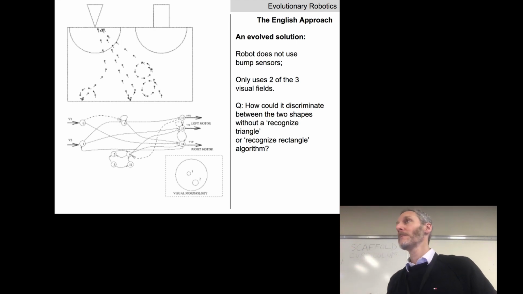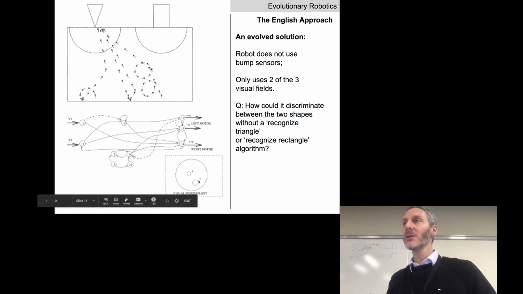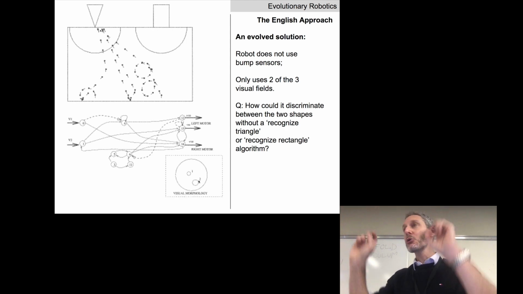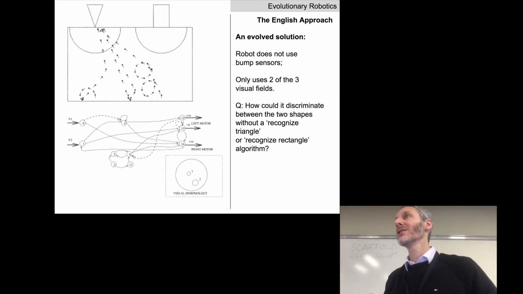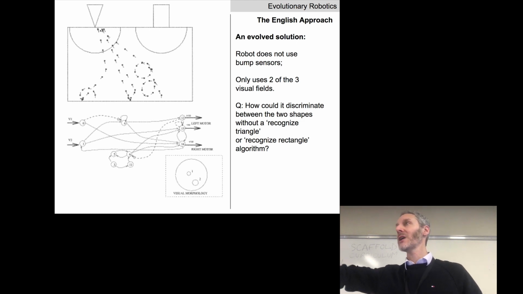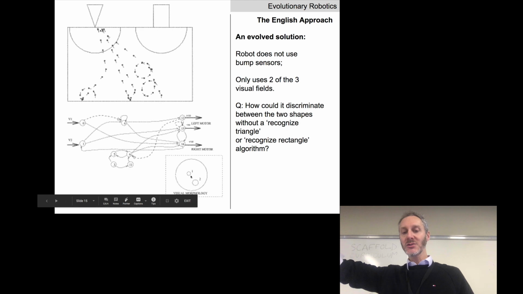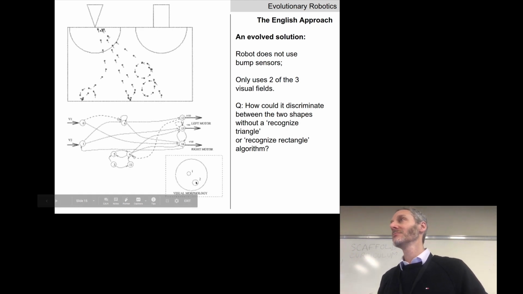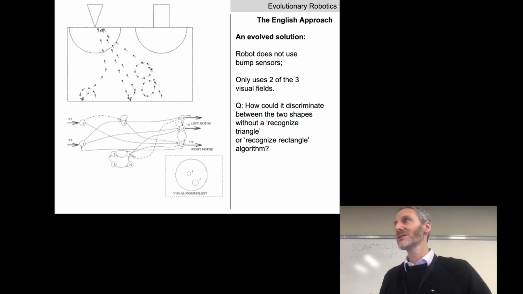Yes? So the 1 and 2, if the 1 lights up, does the robot recognize that 1 is a rectangle and 2 is a triangle? Or are 1 and 2 just the numbers for these foveas? If you were to really, quote unquote, ask this robot what a triangle is, it would say it's something in which when I rotate like this, this goes dark and then this goes dark usually this much later, 2.7 milliseconds.